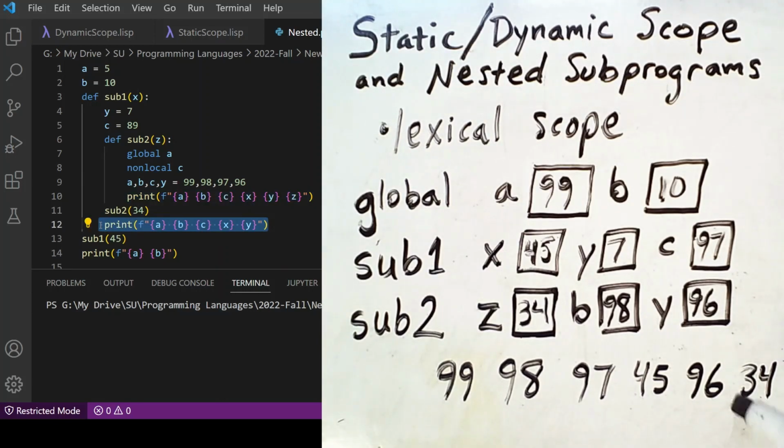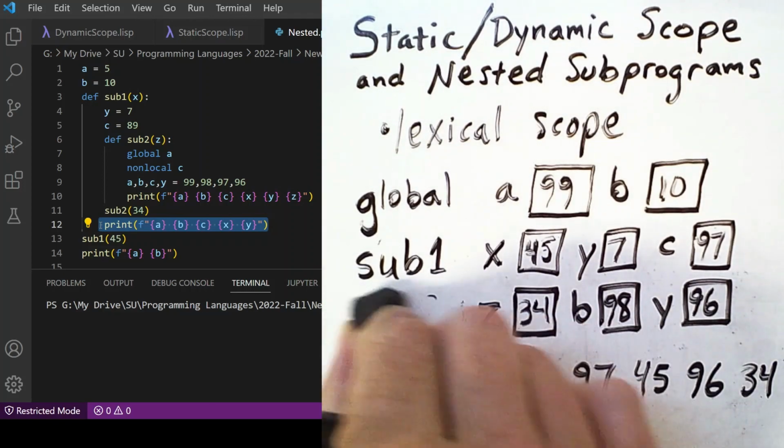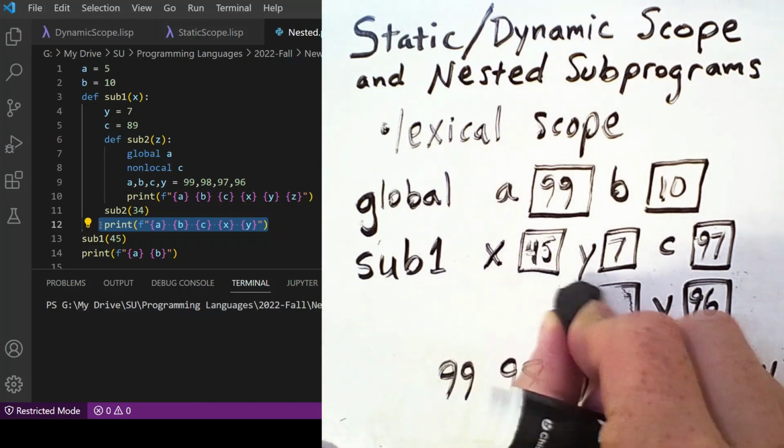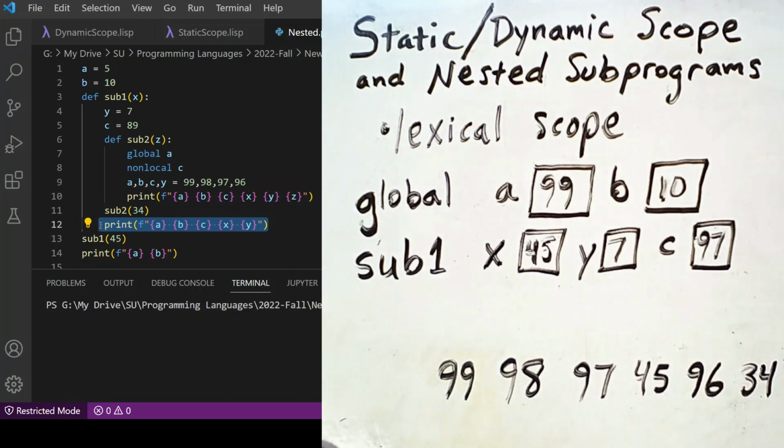Sub2 will then return to sub1 and have this next print statement, but because sub2 will no longer exist, meaning its variables no longer exist, the next print statement will be based on these available variable values.